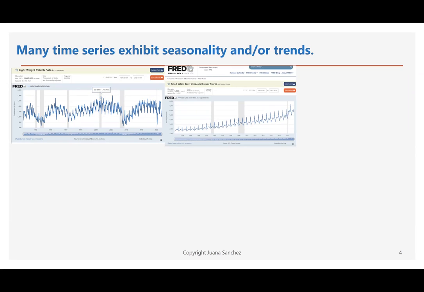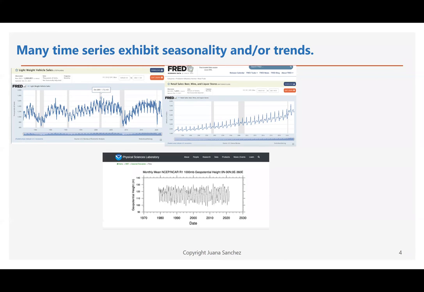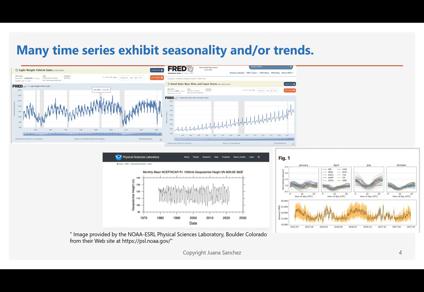Retail sales of beer, wine, and liquor stores also reveals a sawtooth pattern indicating seasonality. This atmospheric time series from NOAA also exhibits seasonality. Energy demand is also a seasonal time series.